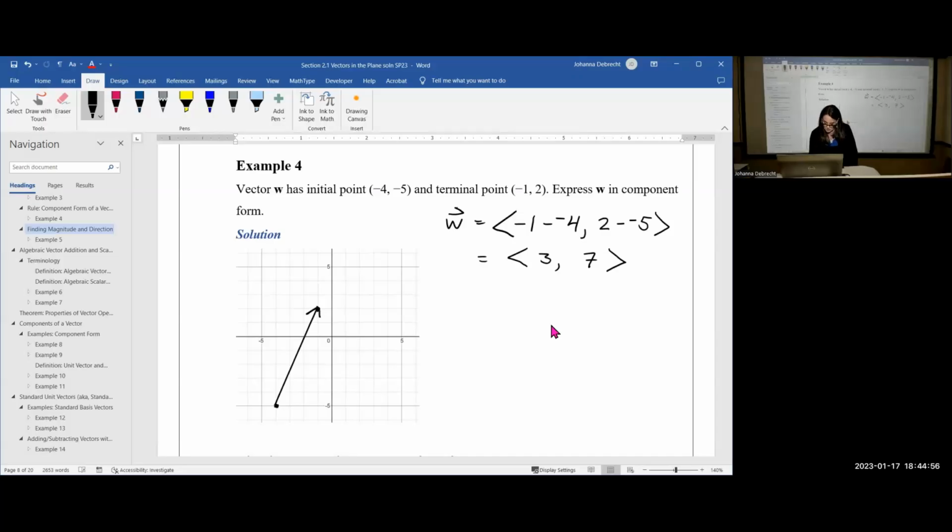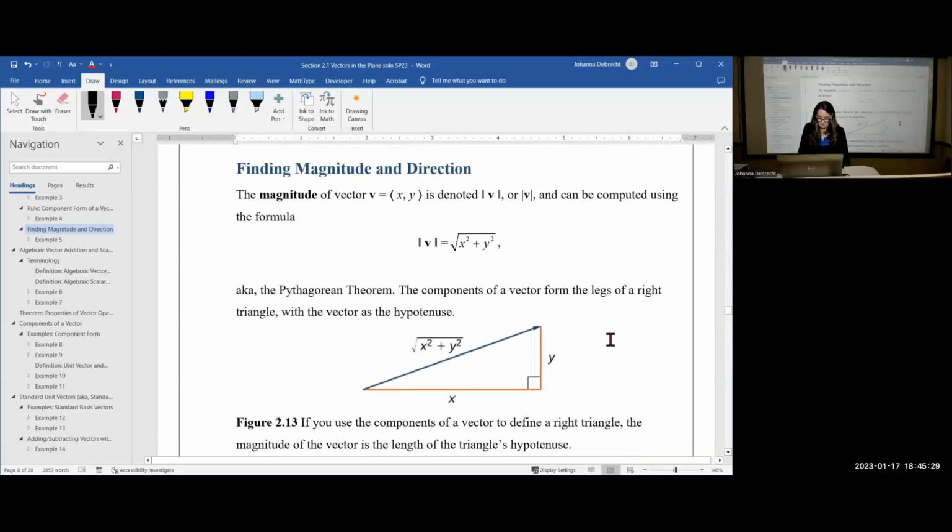And in standard position, we would go to 3, 7, which would be here, and it starts at the origin, which would be this vector right there. And you can tell they're parallel and they're the same length. So they are equivalent vectors, right? And again, you don't need the graph in order to do it in component form. You just need the coordinate pairs for the initial point and the terminal point, right?